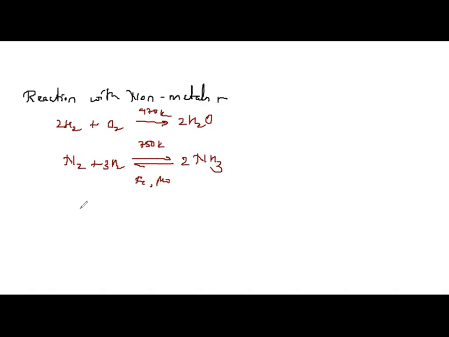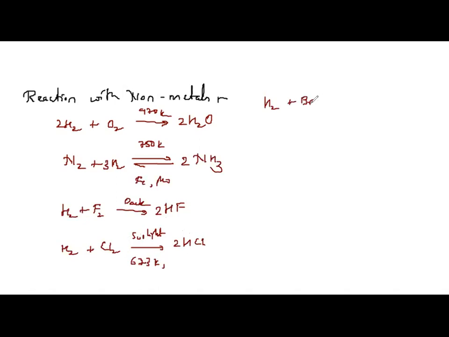Then H2 reacts with fluorine in dark to form hydrogen fluoride, HF. H2 reacts with chlorine in presence of sunlight, say at 673 Kelvin temperature and pressure, to form HCl. Even H2 reacts with bromine to form HBr.